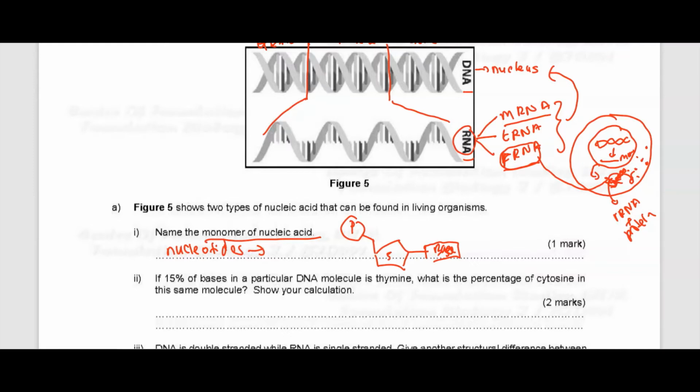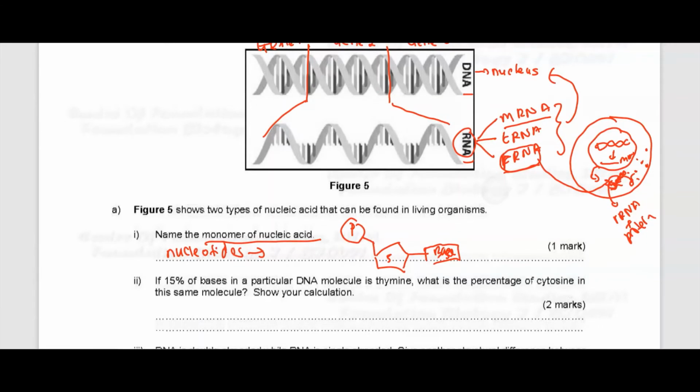If the nucleotide is found in DNA, the 5-carbon sugar will be deoxyribose. Then you have to know the different types of bases. Adenine, guanine, cytosine, and thymine are found in DNA. As for RNA, it also involves 4 bases, which are adenine, guanine, cytosine, and uracil.